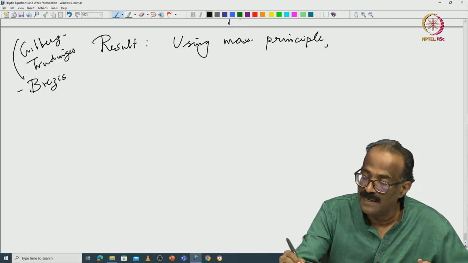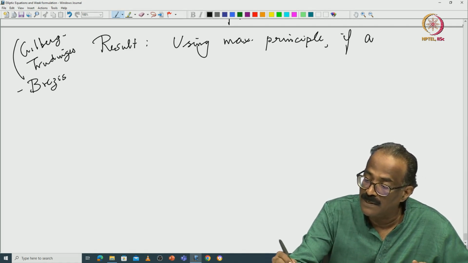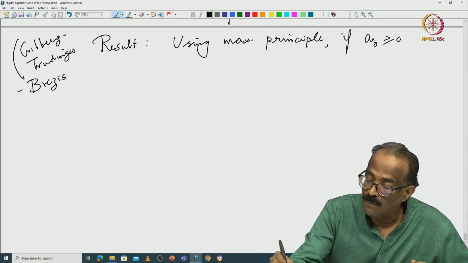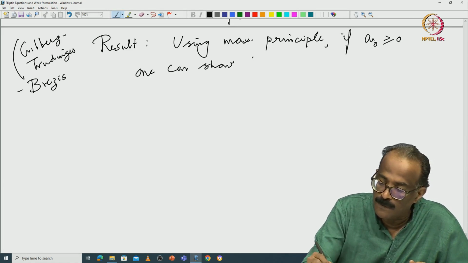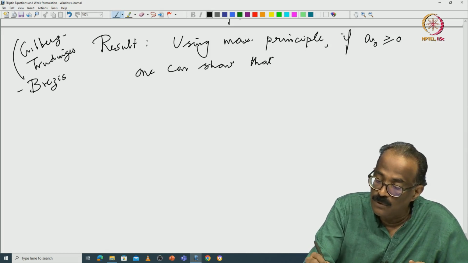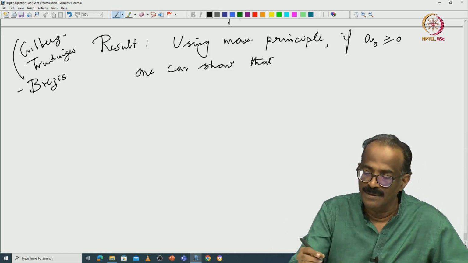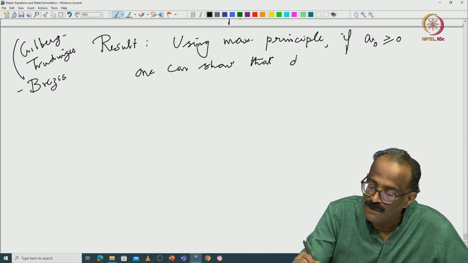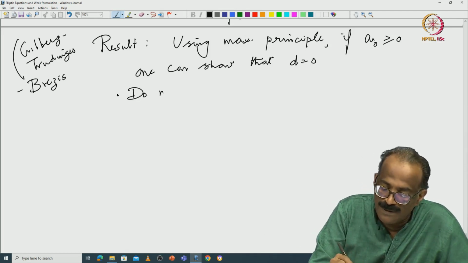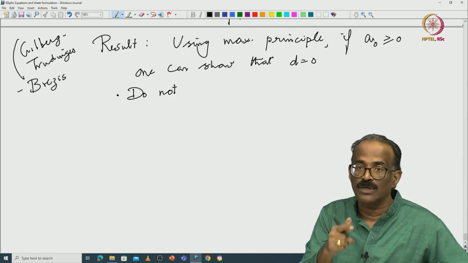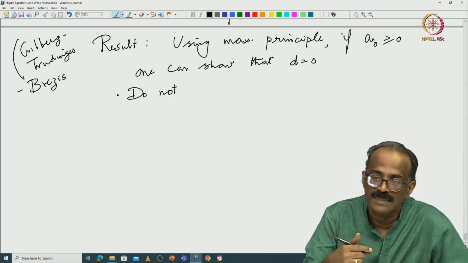even in this general case, if A naught is greater than or equal to 0, one can show that d equal to 0. That means you do not need conditions on Ai. As I said, the zeroth order term is the one which creates trouble.